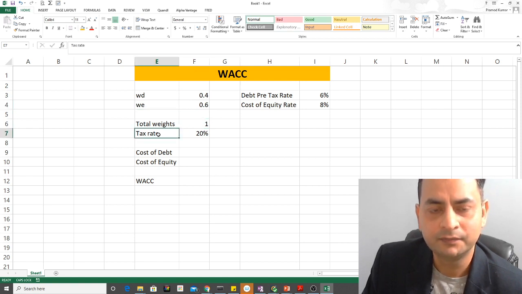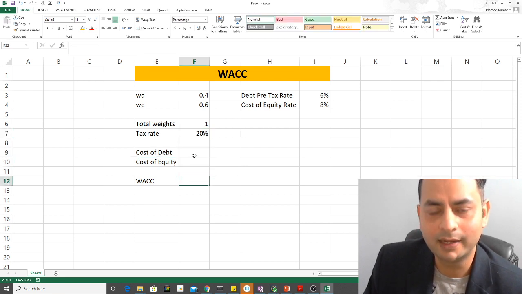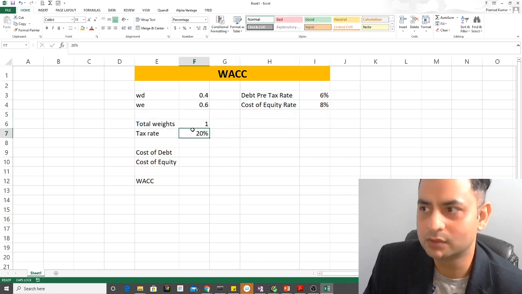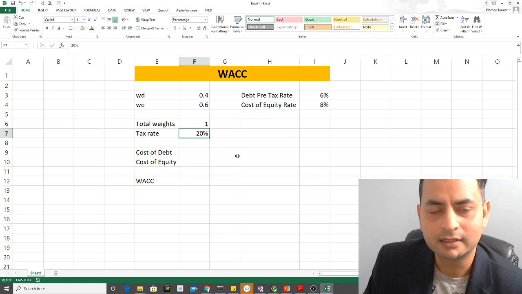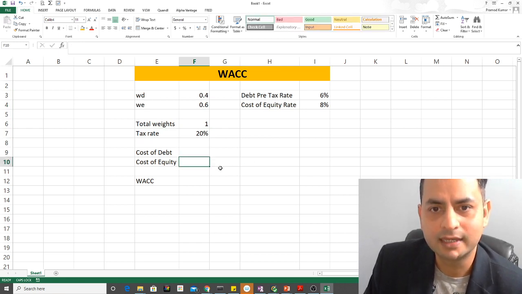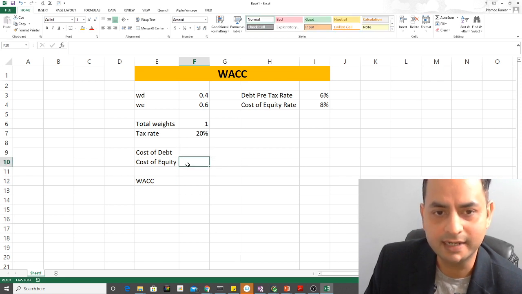The tax rate for the company I have taken as 20% for now. The cost of the debt I have left blank because the rest are inputs, and now we use our formula to calculate the cost of debt and cost of equity, and WACC is the sum of the cost of debt and cost of equity.